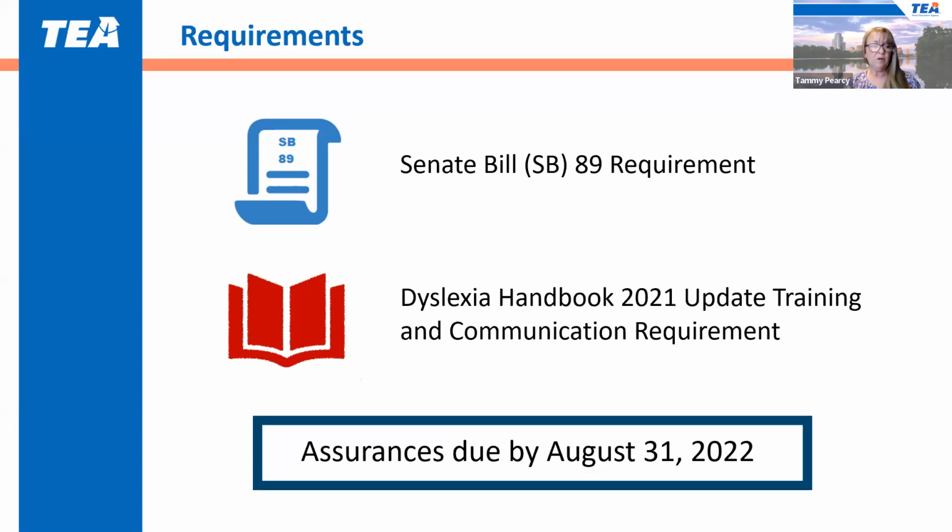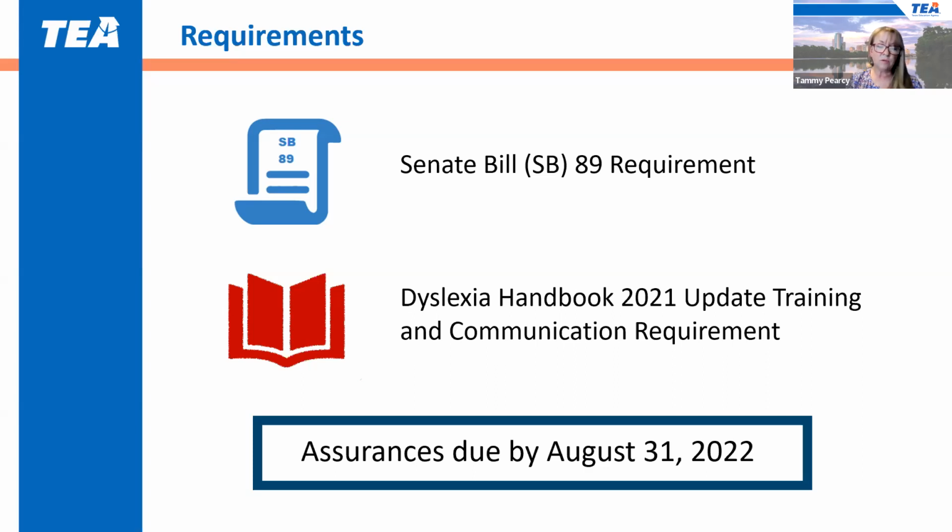Additionally, we're asking for this to be done as soon as possible, but no later than August 31st, 2022: LEAs must update all your websites, materials, static resources, and information to parents and staff to reflect the Dyslexia Handbook 2021 update. And I believe, if Deanna's still on, there is currently as well a supplement piece of information to make sure that you've considered those changes implemented in the Dyslexia Handbook 2021 update.